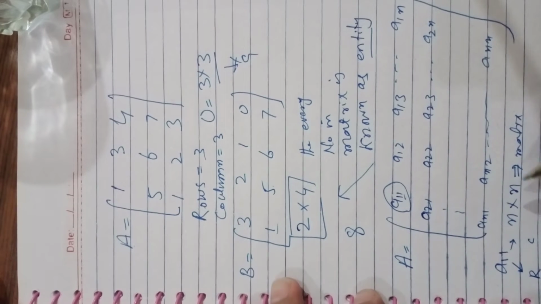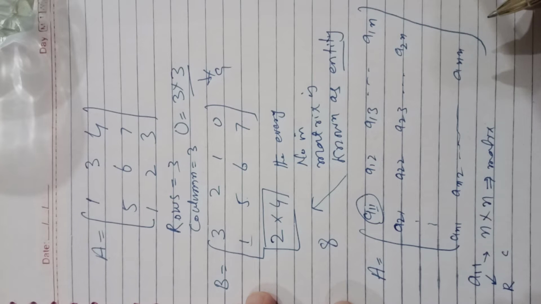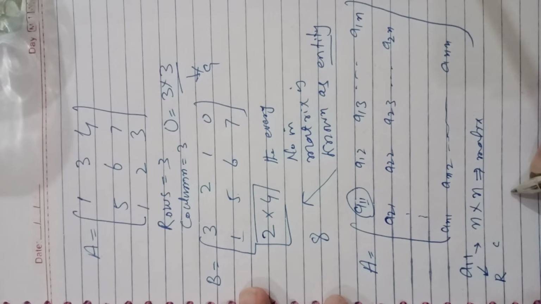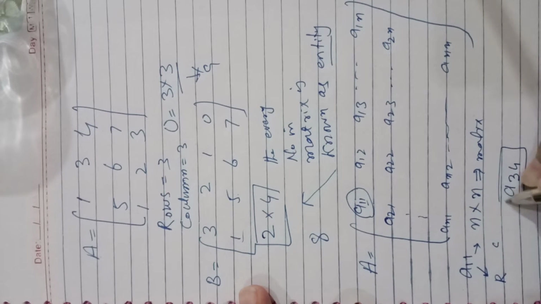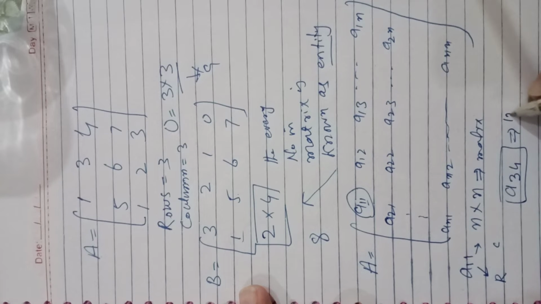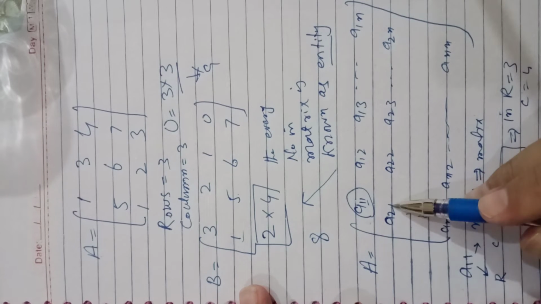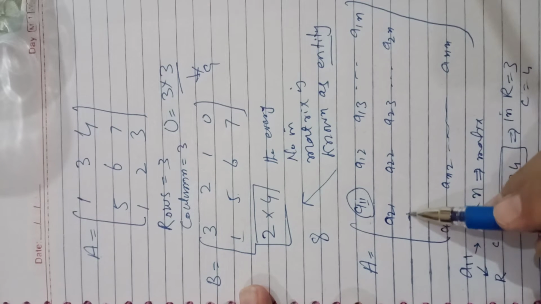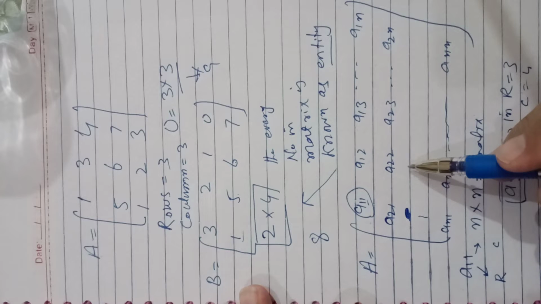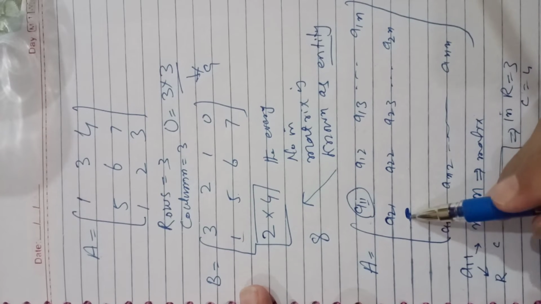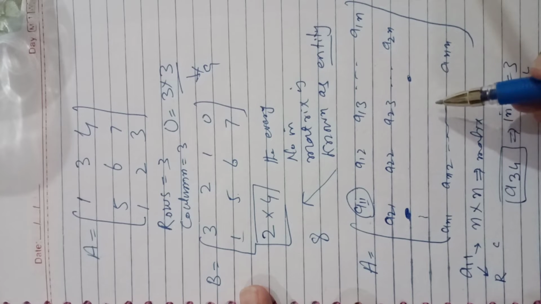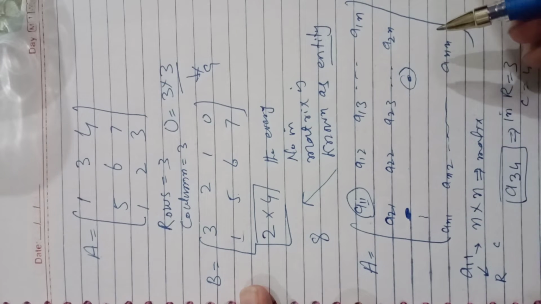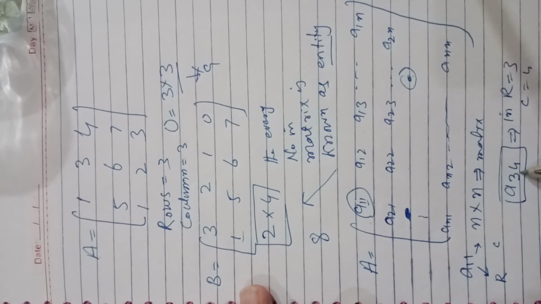For example, if we write a34, so a34 means the entity in row 3 and column 4, which is equal to, this is 1 2 3. In this row it will be the 4, 1 2 3 4. Here is the entity. This entity will be a34.